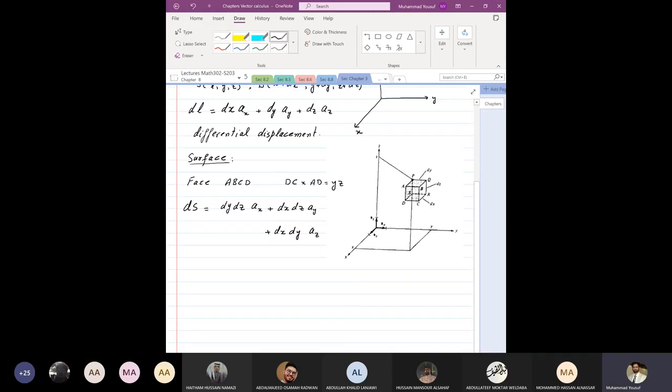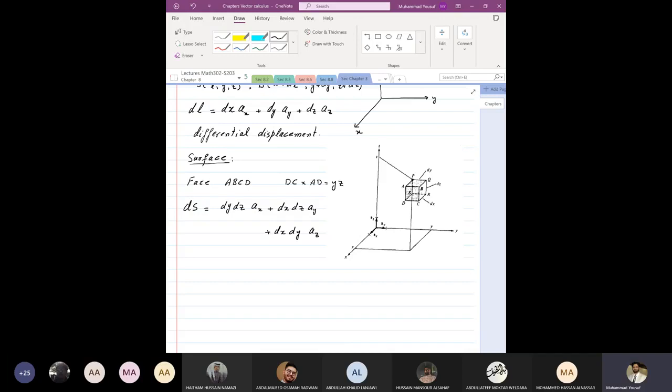How much is the change in each direction? That is, how much is the change parallel to each coordinate plane? We have three coordinate planes: xy plane, yz plane, and zx plane. And how much is the change parallel to those planes?